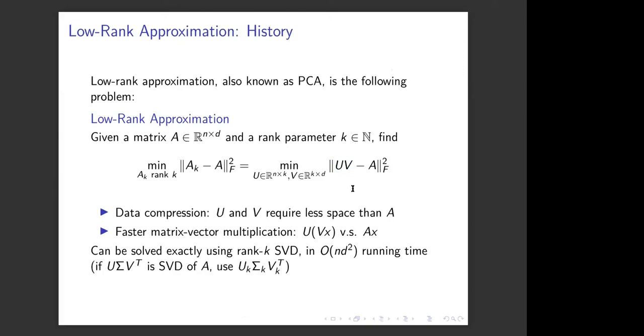So that'll end up requiring nk plus kd entries instead of nd. And this data compression property also leads to faster multiplication when you're multiplying a matrix by a vector. So this version of the problem can be solved exactly in polynomial time.